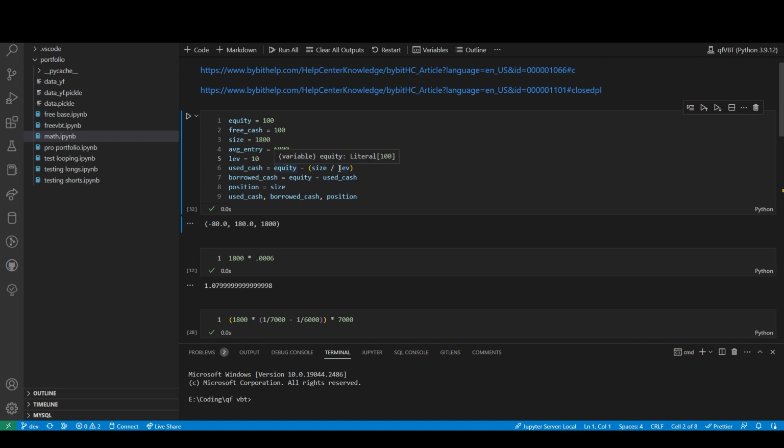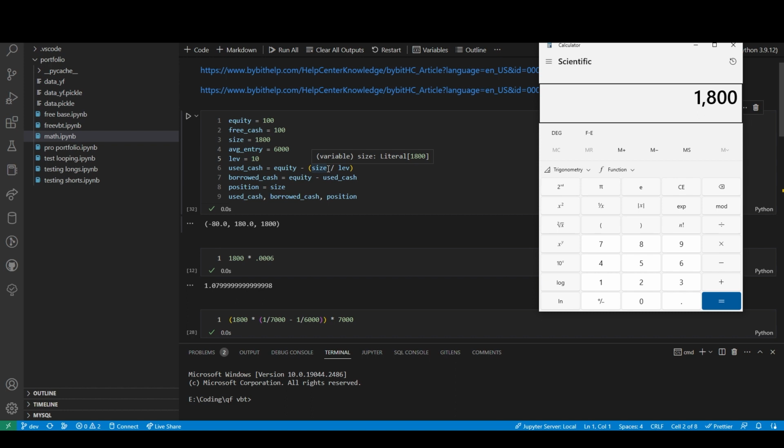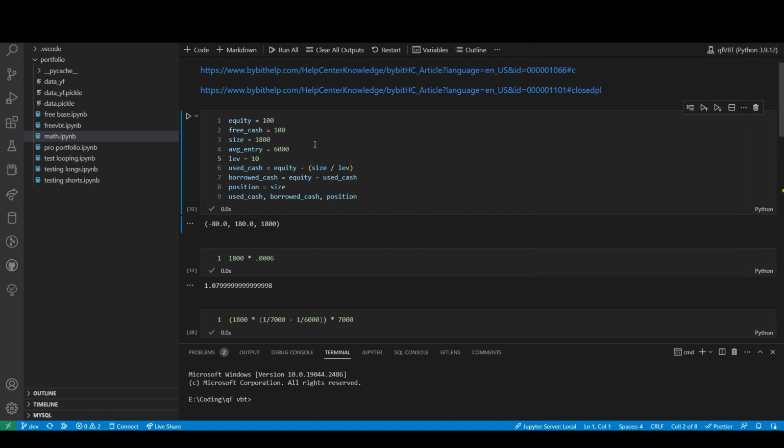Equity minus size divided by 10. Wait, what? 1,800 divided by 10 is 180. I can't do that. Let's give myself $1,000. Okay.